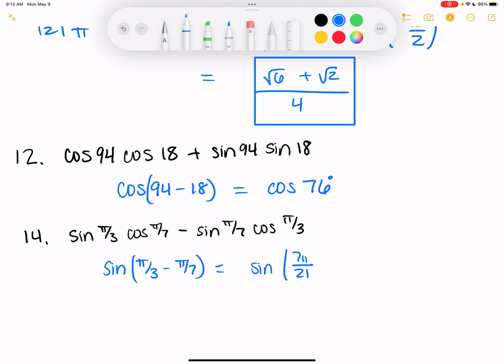So 7 pi over 21 minus 3 pi over 21, which is the sine of 4 pi over 21. And then, done. Oh, is that it? You don't have to convert it. You could have converted this one from the beginning if you wanted, but I knew it would take longer to do that rather than just getting a common denominator. But if you did switch it, I wouldn't care.